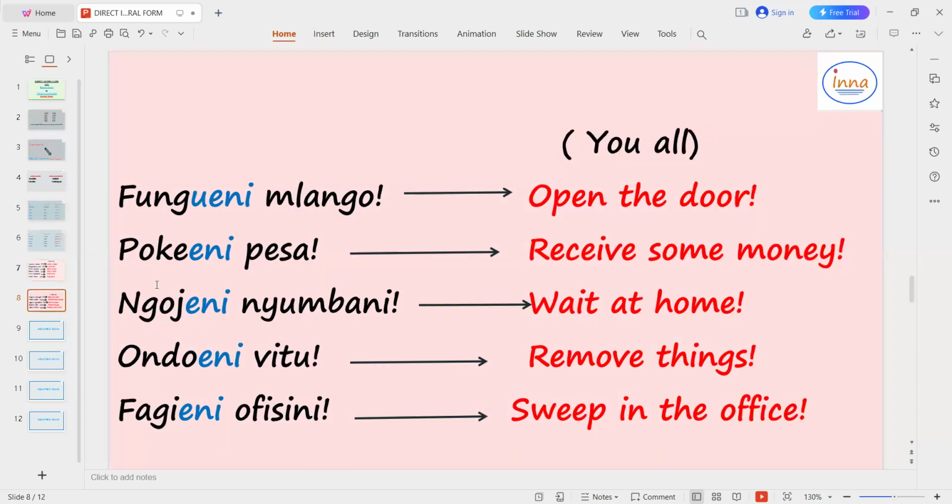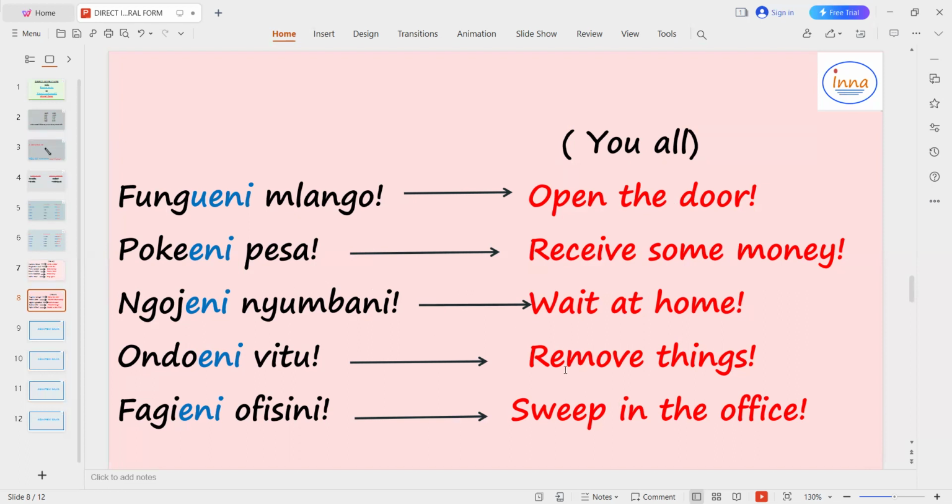Okay? Next, fungueni mlango. Fungueni mlango means open the door. Pokeeni pesa. Pokeeni pesa means receive some money. Ngojeni nyumbani. Ngojeni nyumbani means wait at home. Ondoeni vitu.